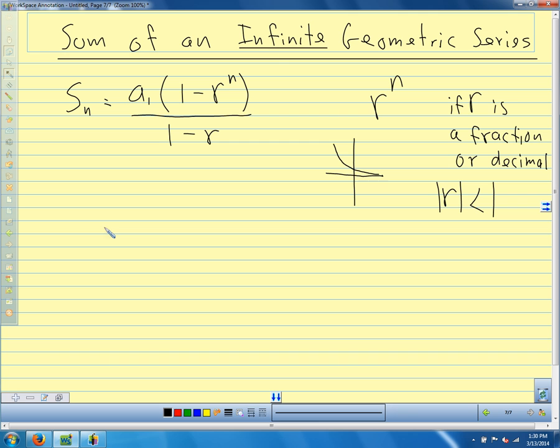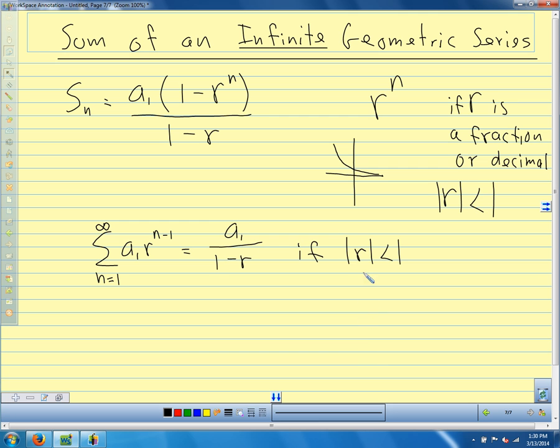So the sum of an infinite geometric series. The sum, n equals 1 to infinity, of a sub 1 r to the n minus 1 equals a sub 1. I'm subtracting 0 from 1 here, so all I'm left with is a sub 1 over 1 minus r, if the absolute value of r is less than 1.